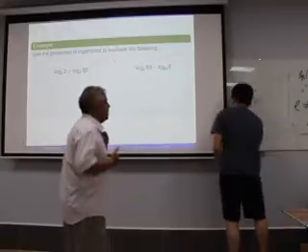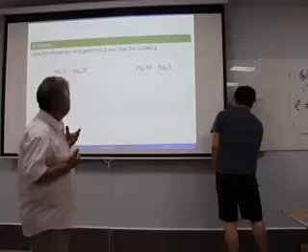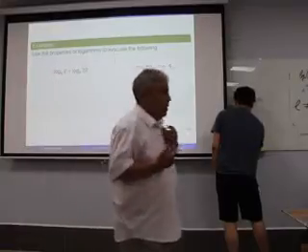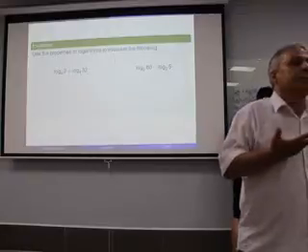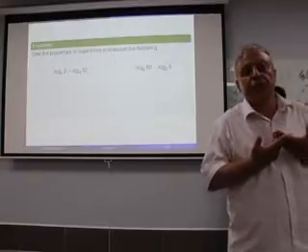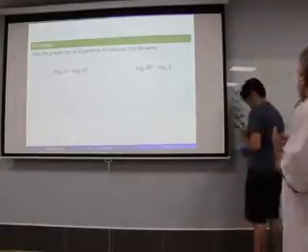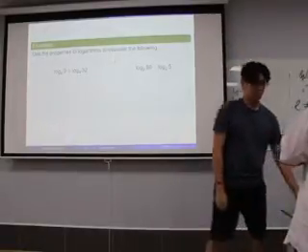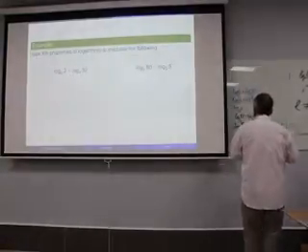Logarithm 2 of 80 minus logarithm 2 of 5. Now the difference becomes what? Becomes division. So 80 divided by 5.